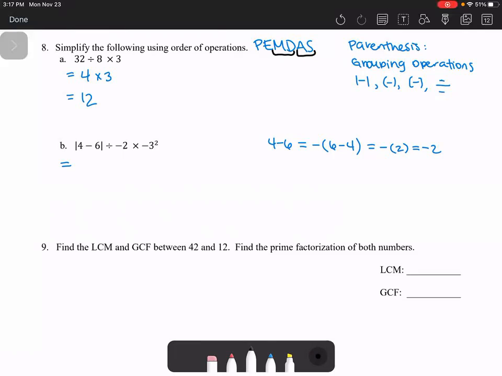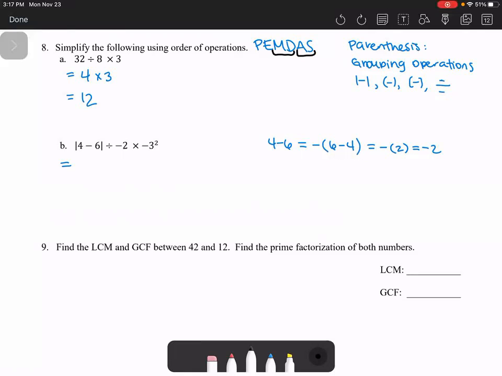A common thing that people struggle with is subtracting two numbers when the first number is smaller than the second number. And you can always rewrite it into a subtraction where the first number is bigger than the second number, just by essentially factoring out a negative and switching the order.